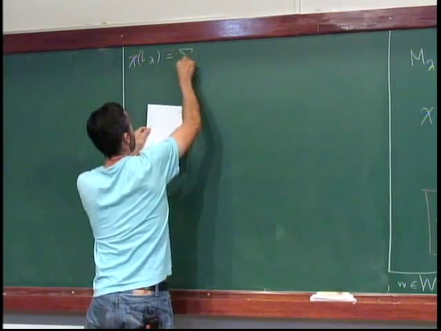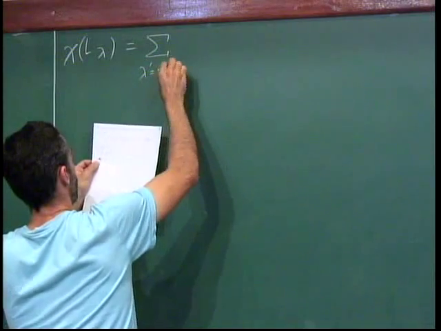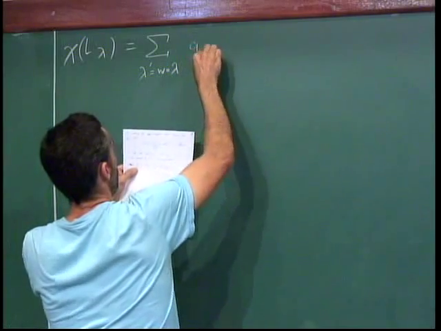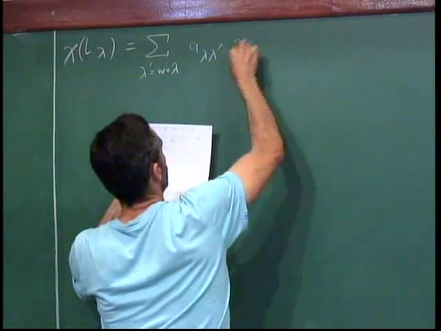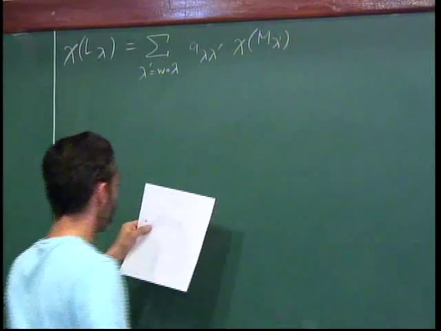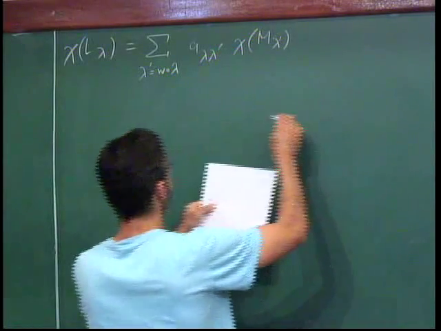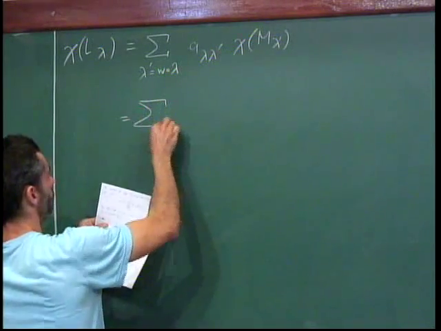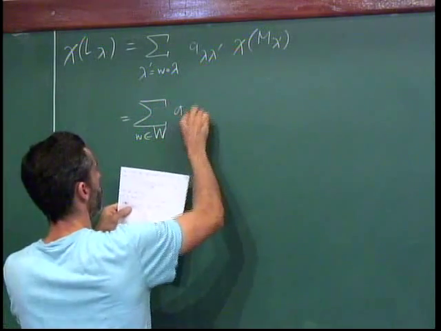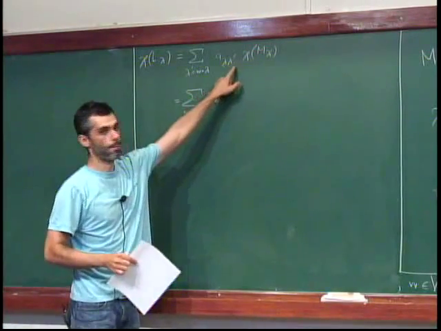So this is a sum over all lambda prime of the form W acting on lambda, that's this shifted Weil group action, A lambda prime times the character of M lambda prime. I can rewrite it as a sum over the Weil group. Well, let me rewrite these coefficients as depending on the Weil group, as opposed to depending on lambda prime.